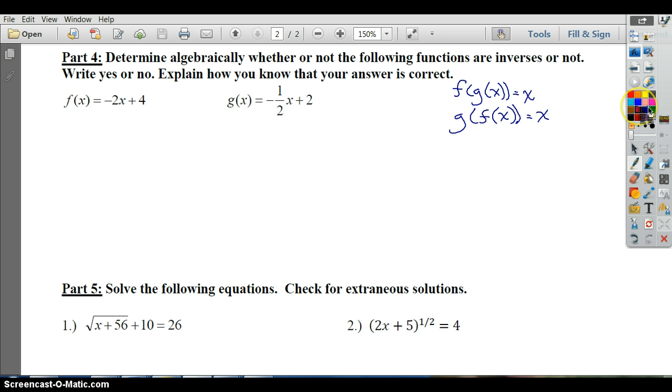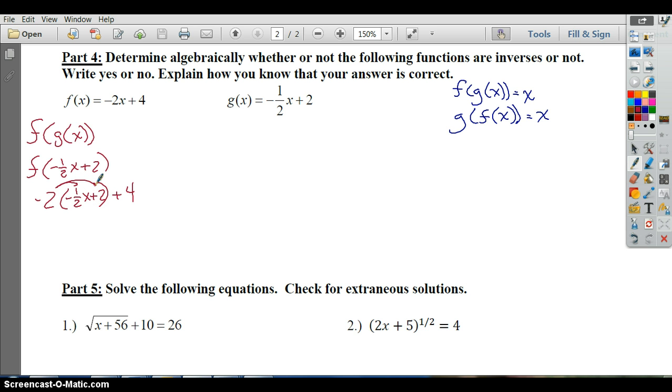I know that these are inverses. So what I'm going to do is I'm going to go ahead and do f of g of x. So that means I have f of negative half x plus 2. If I rewrite my f, which is negative 2x plus 4, I can put in my negative half x plus 2 for that x.